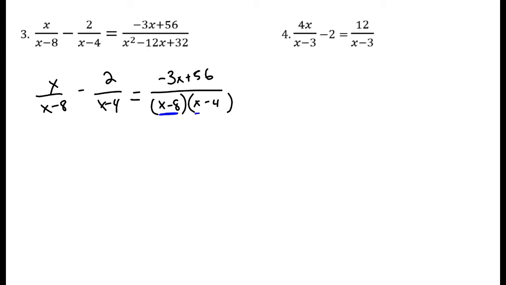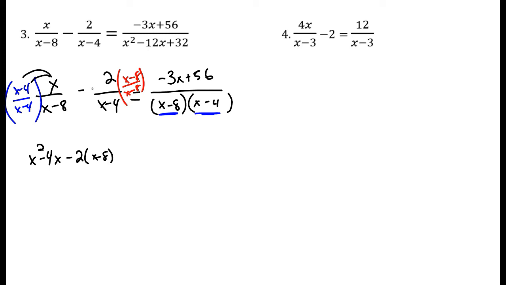Everybody's got to have an x minus 8 and an x minus 4. So I'm missing an x minus 4 from that first factor. I'm missing an x minus 8 from that second, and this term already has both. So I'm left with, distribute that in, x squared minus 4x, careful here, minus 2 times x minus 8.